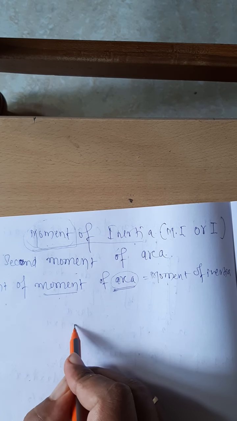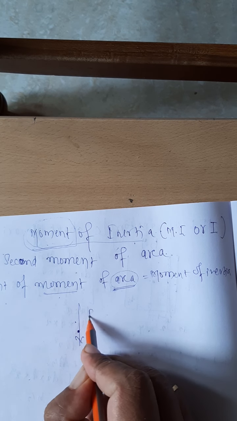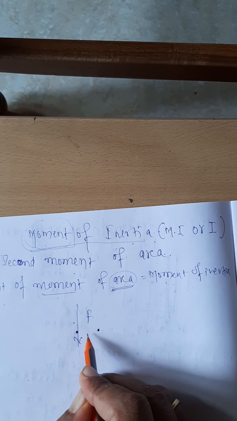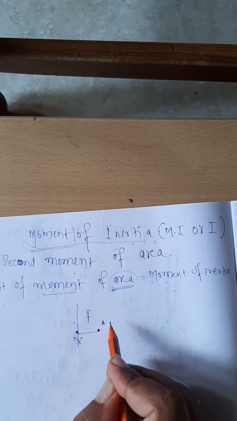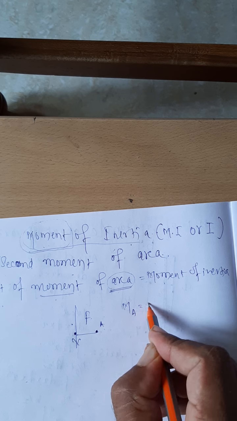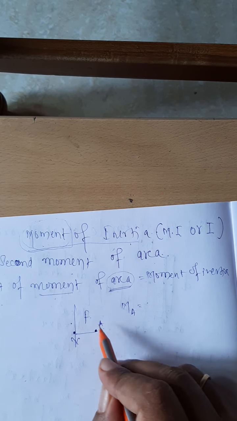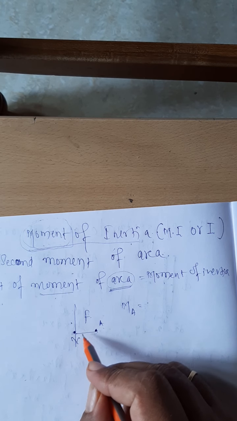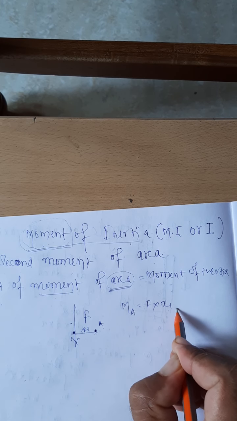When we say the moment of any parameter, say a force F is acting here, I want the moment of that particular force about a point A. The moment about A is M_A equal to F multiplied by the distance between A and F. If I call that distance x1, then it is F into x1.